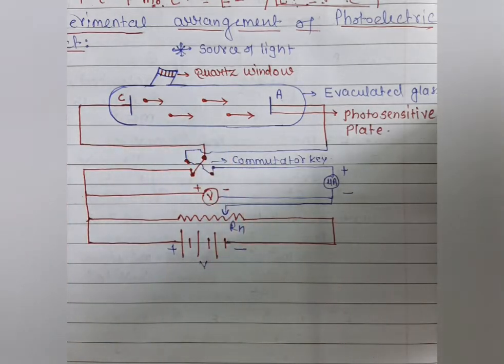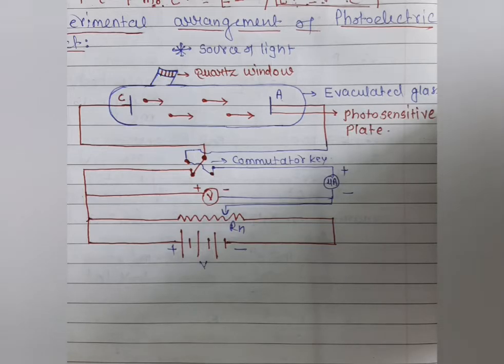One is soft, one is hard. When we talk about a soft metal, that is potassium, this type of metal we can consider as a soft metal. When light rays are incident on this type of metal, it also emits electrons.